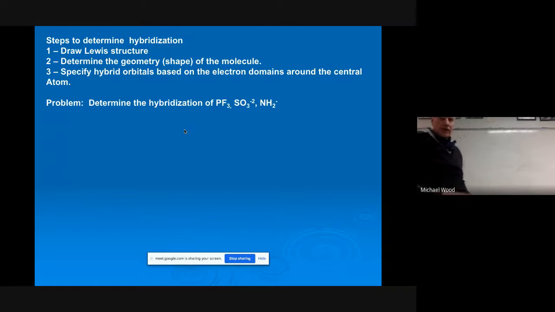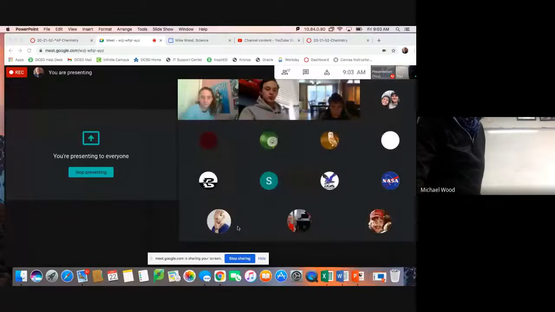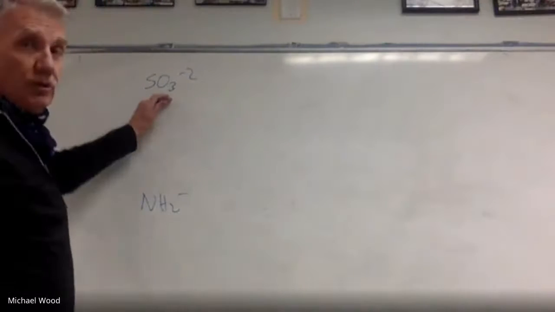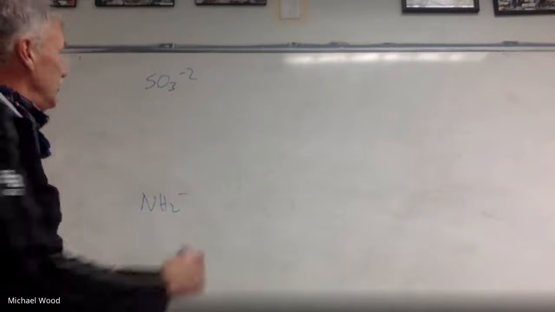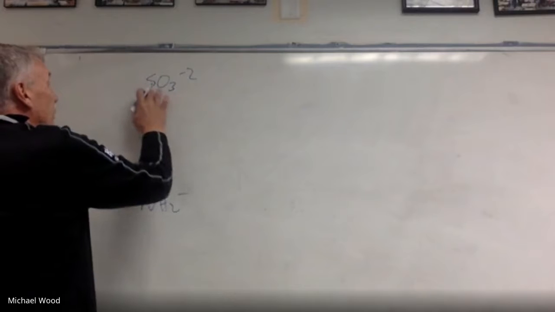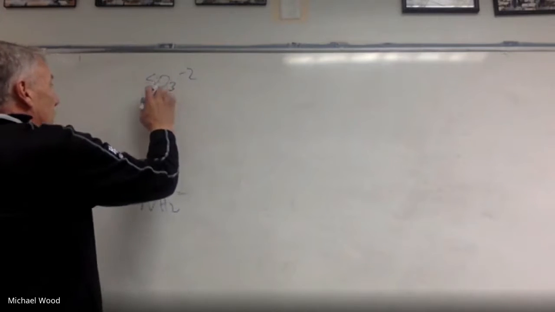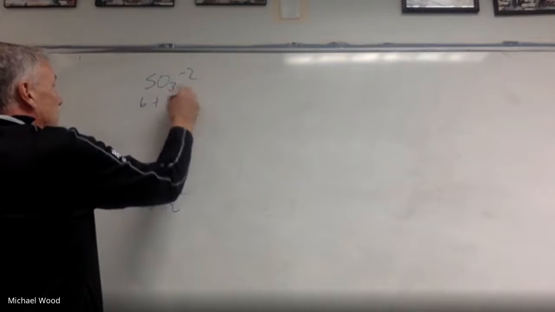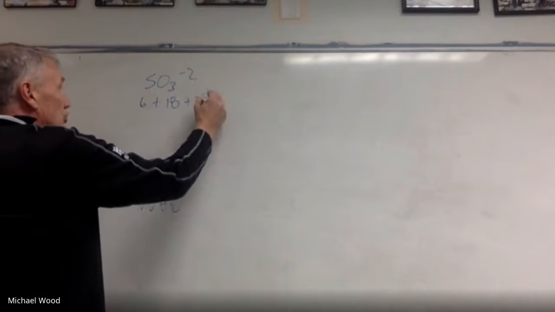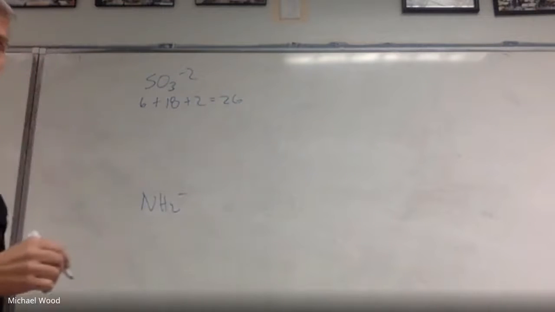Okay, so to the board. If I go back and do the dots, you guys should be getting really good at doing dots now, because we've done a lot of them. Sulfur, 6 valence electrons, so I'm counting the valence electrons. Oxygen, 6 times 3 is 18, and then 2- means there's 2 more electrons, so 26 total dots.